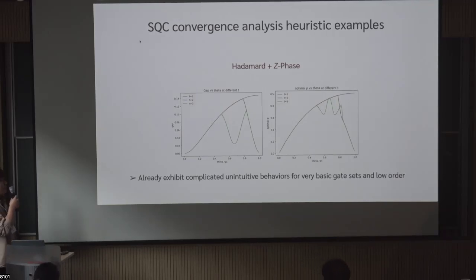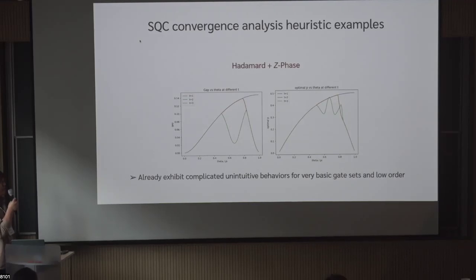Before we ran the result, I was expecting the behavior to be very simple, but actually when we compute the gap behaviors of this arguably simplest ensemble, it can already exhibit very complicated behaviors.